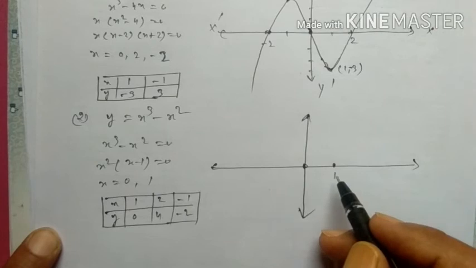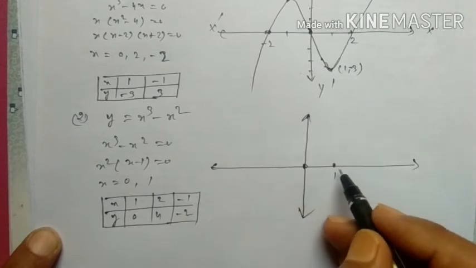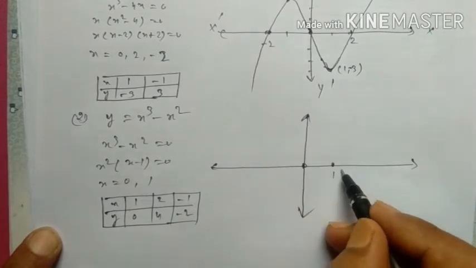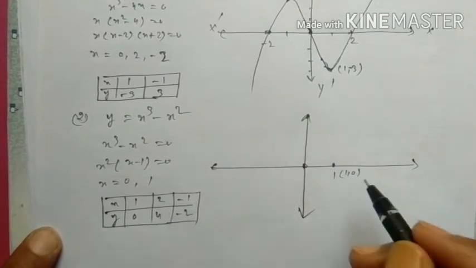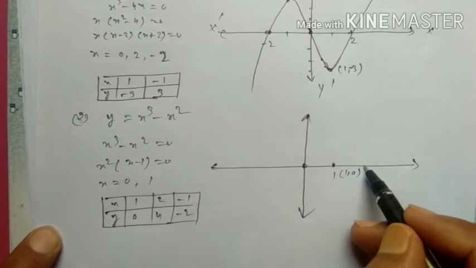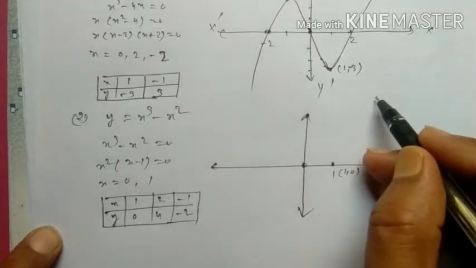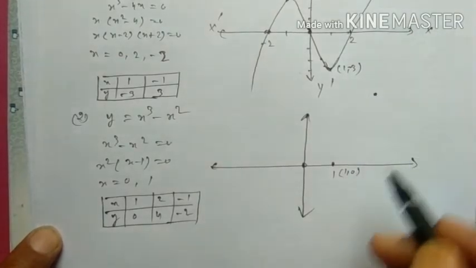So x equal to 1, y equal to 0, this is (1, 0). x equal to 2, y equal to 4, this will be here.